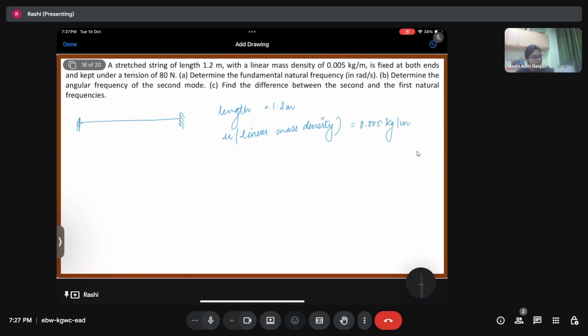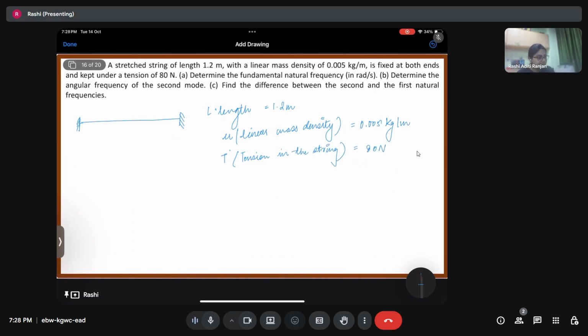Then we have L, which we have already taken as the length. Apart from that, what do we have? T, which is the tension in the string, which is 80 Newton. All right.